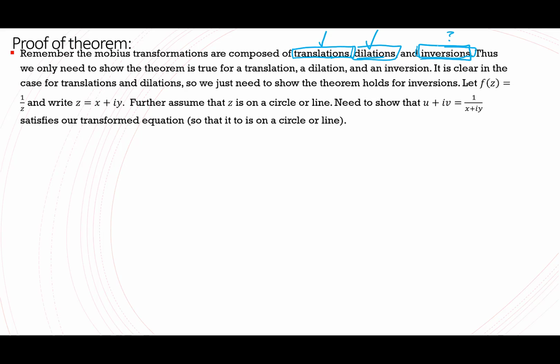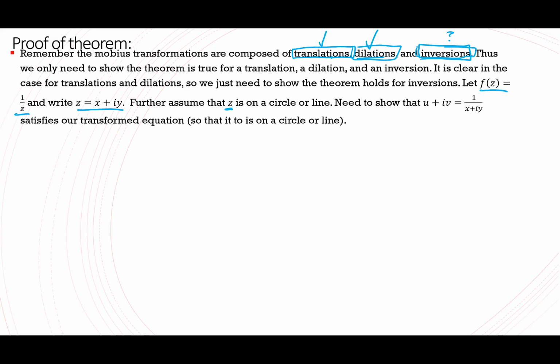Okay, so let's think about f of z as an inversion, and let's write z equal to x plus iy. Now further assume that z is on either a circle or a line, because remember, we're trying to show that this function maps circles onto lines and circles, or lines onto circles and lines.